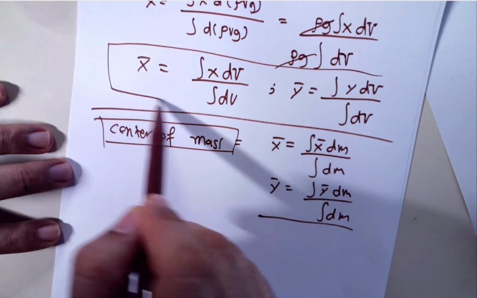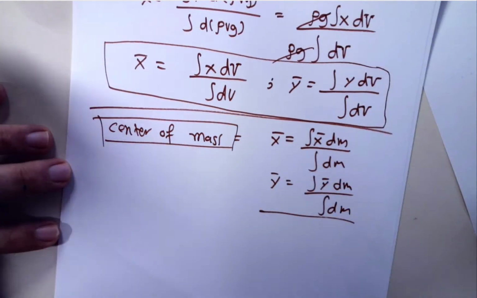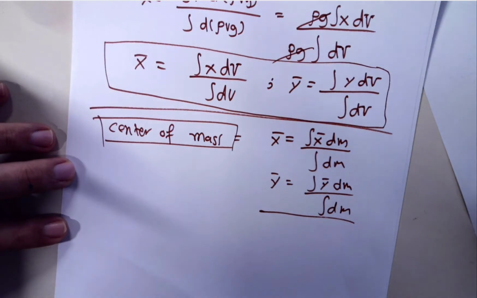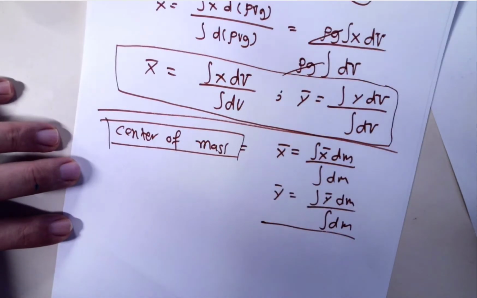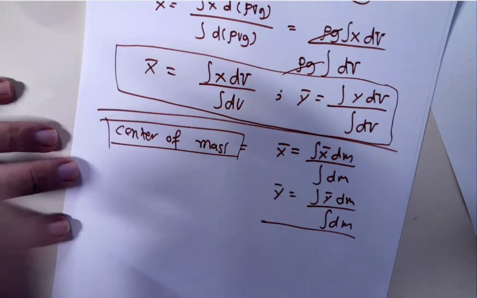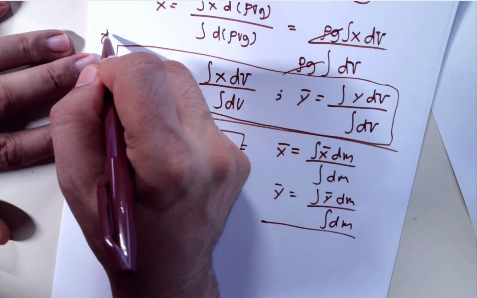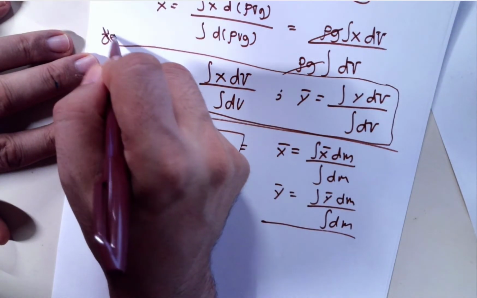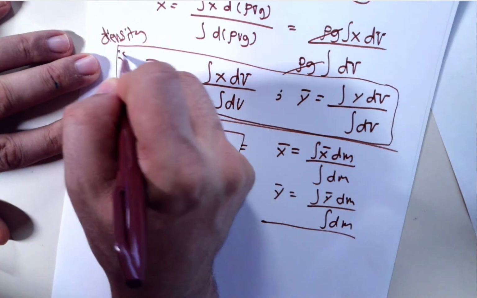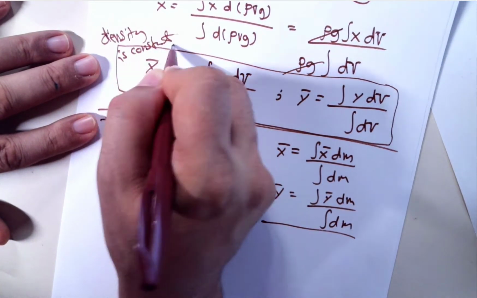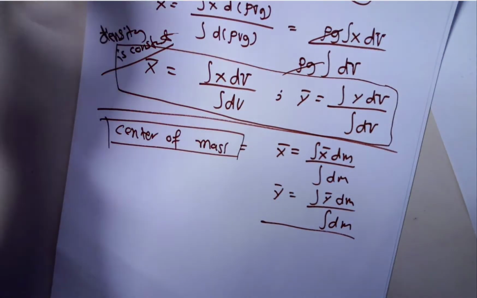So this is when the density is constant, and on most occasions you will have constant density for a given object, right? Okay, great.